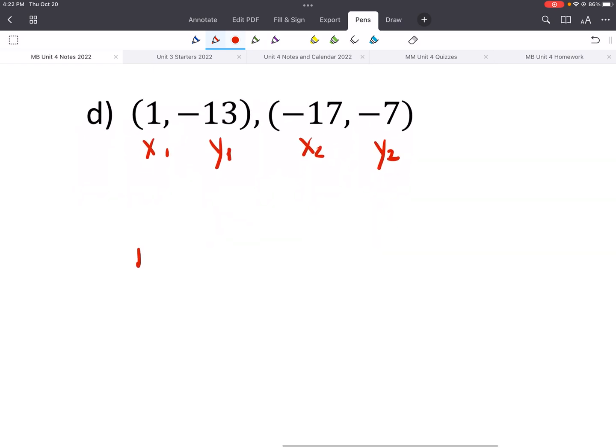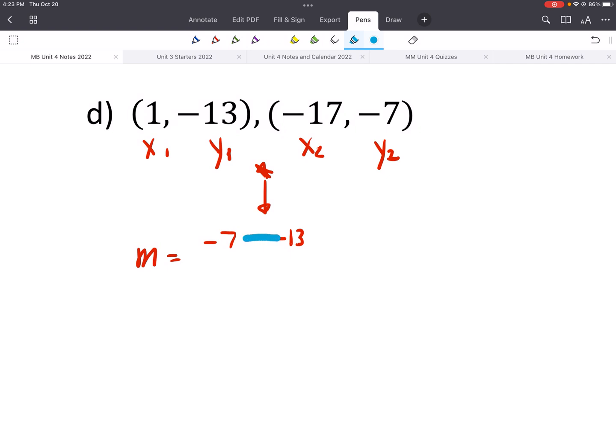We'll use that formula, which is y2 minus y1. So we're subtracting a negative 13. This is very important, that we're always subtracting. But if we're subtracting a negative, it will always give us a positive.